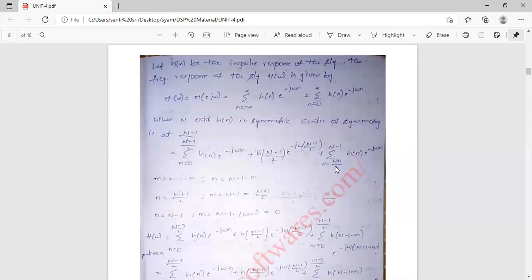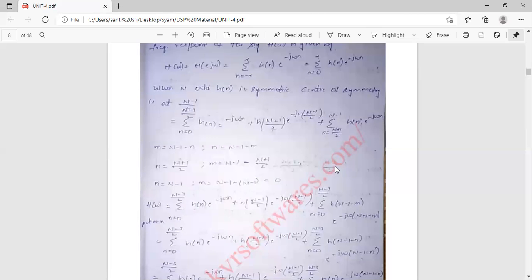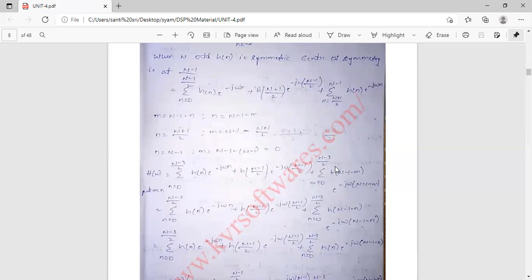So H of omega equals sigma n equal to 0 to N minus 3 by 2 of h of n into e power minus j omega n, plus h of N minus 1 by 2 e power minus j omega N minus 1 by 2, plus sigma m equal to 0 to N minus 3 by 2 of h of N minus 1 minus m into e power minus j omega into N minus 1 minus m. Replace m with n in this expression.